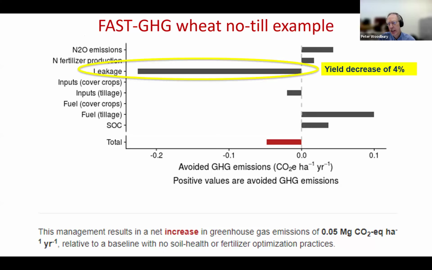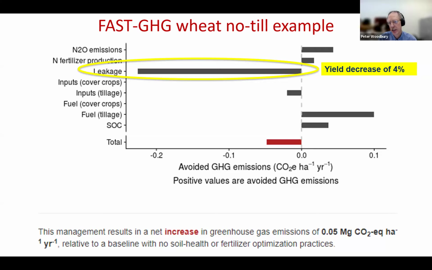Well, based on long-term field experiments, there can often be a small yield decrease with no-till and wheat, depending on the conditions. So the idea of leakage, it's really an economic term. And the idea is if we produce 4% less yield, the demand for wheat still exists. So somebody is going to want to have that wheat produced somewhere else.